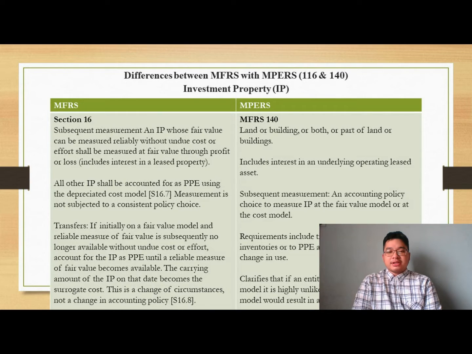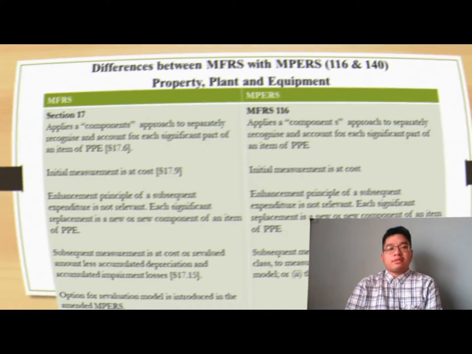Enhancement principle of subsequent expenditure is not relevant. Each significant replacement is a new component of an item of PPE. For subsequent measurement, there is a policy choice by class to measure PPE at, first, the depreciated cost model, or second, the depreciated revaluation model.